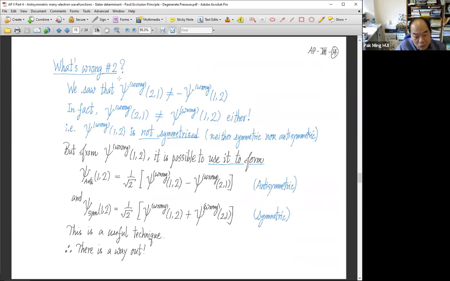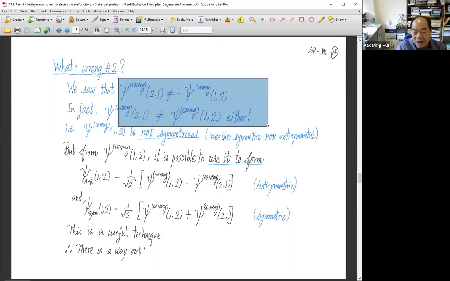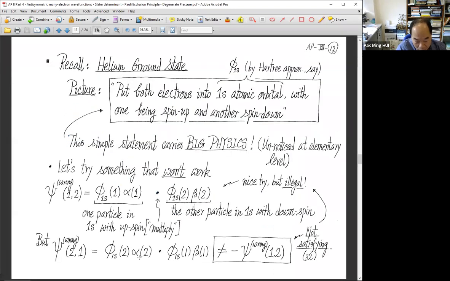If you look at this wrong guess, it does not have any symmetry at all. I mean the following. You interchange the coordinates. We have shown that this is not off by a minus sign. It is not even equal to that. That is to say, it's not even symmetric. It is not antisymmetric. It is not symmetric.